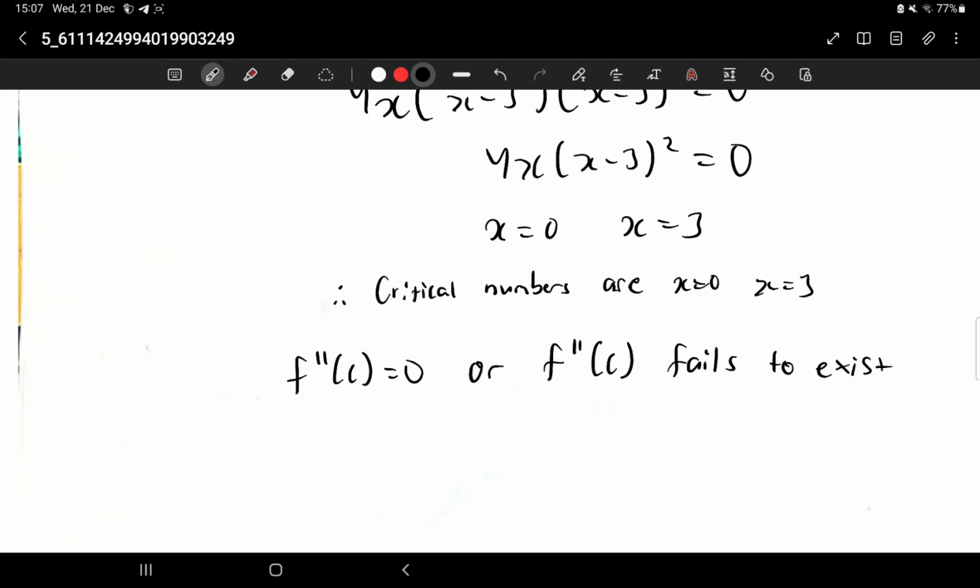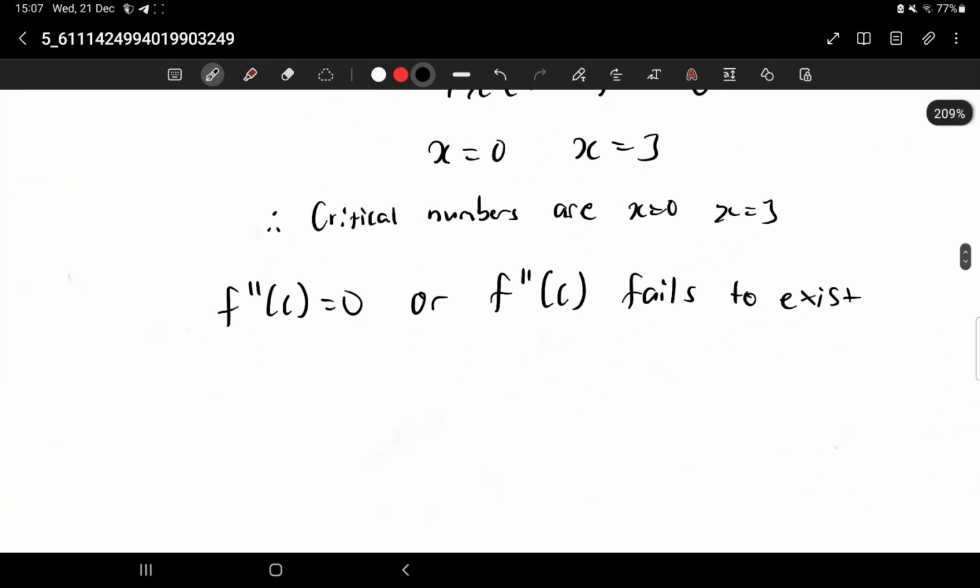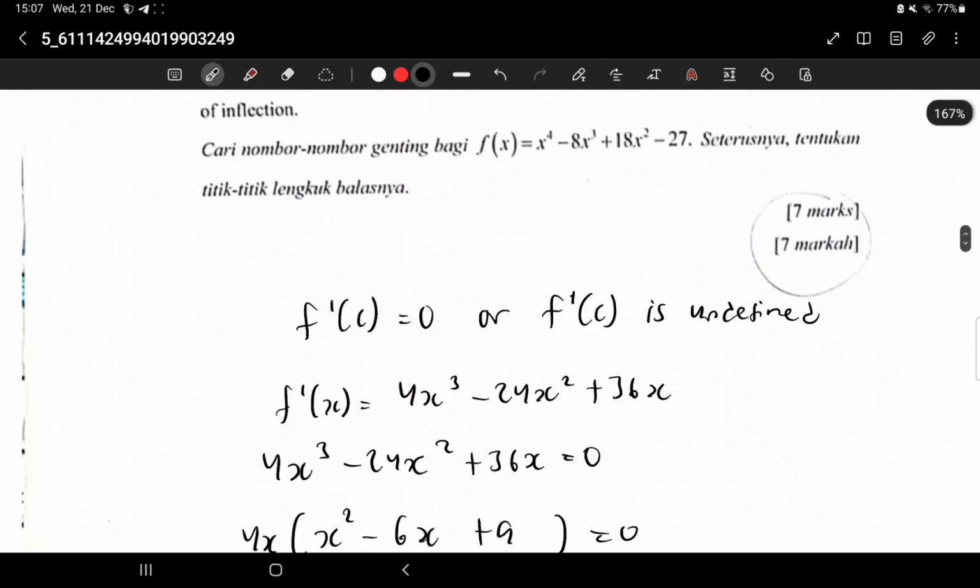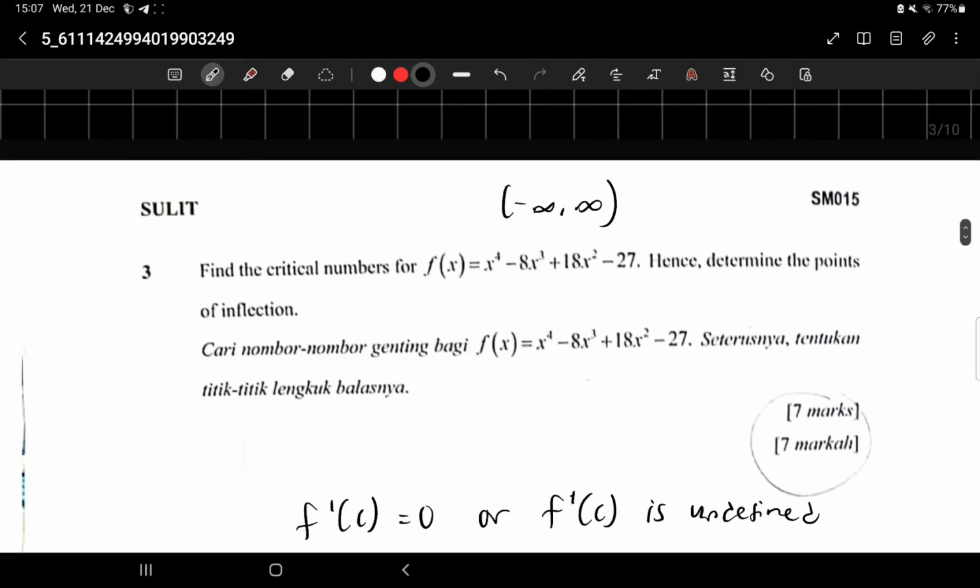Yeah, the concavity changes. So let's differentiate this function again.